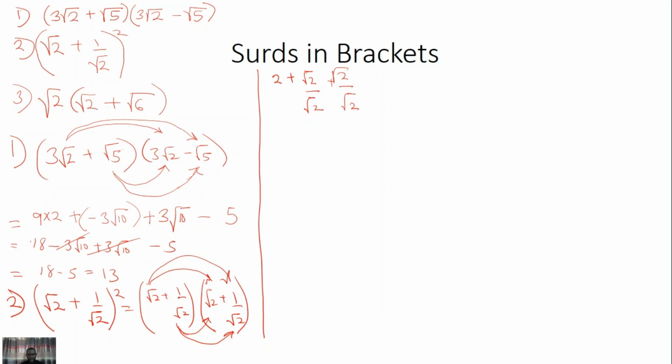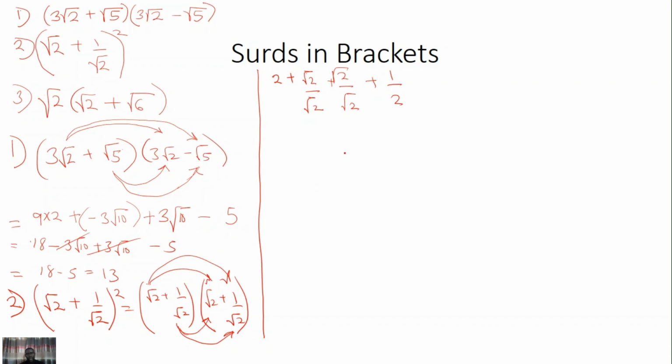Then now, this times this, that will be plus 1 over root 2 times 1 over root 2, that will be equal to 1 over 2, okay.